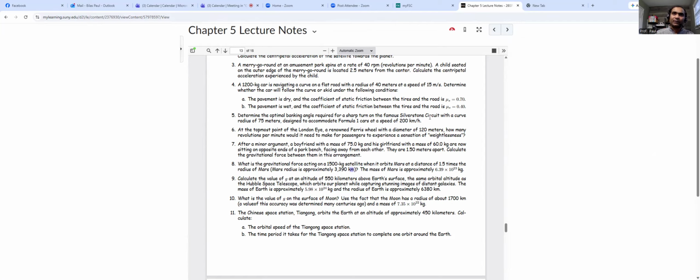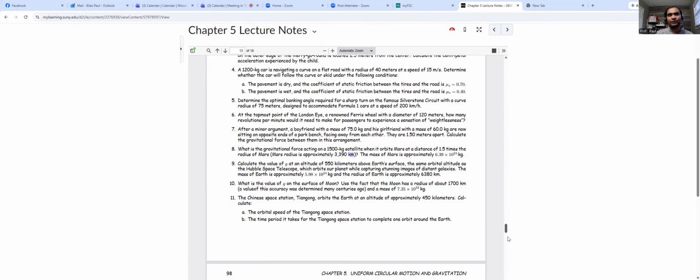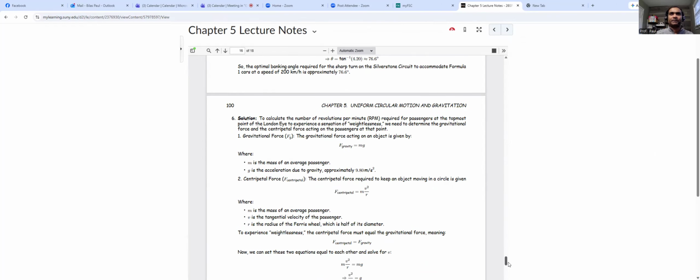So when we calculate for a planet or satellite, and if there is a number in kilometer, make sure you convert it to meter. All right, let's go to the solution and solve there.